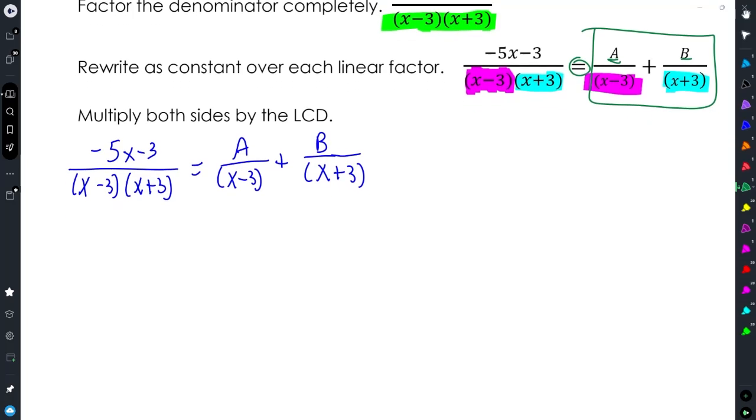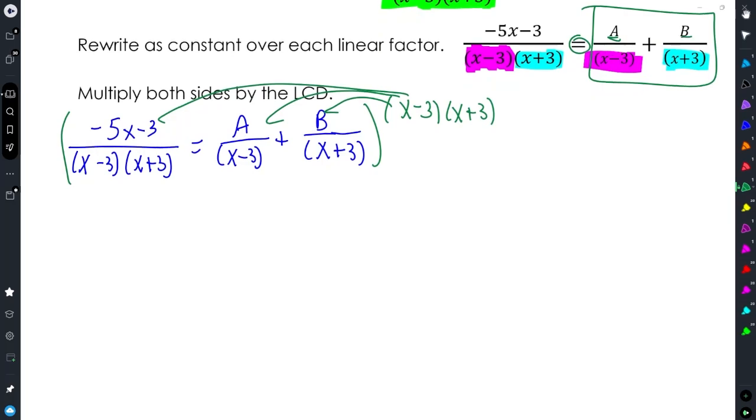So the LCD is going to be the x minus 3 times x plus 3. So we're going to multiply all three fractions by this. And we're going to see a shortcut develop, but I'm not going to do it right now.